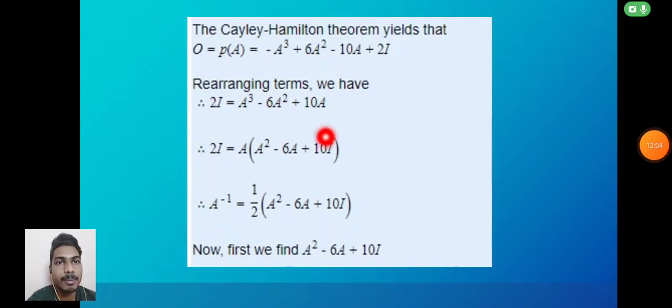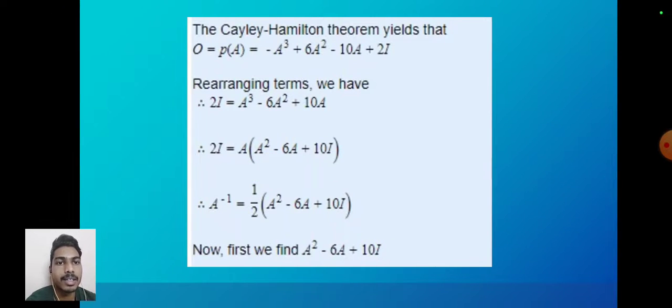So rearranging terms, we have 2I = A³ - 6A² + 10A. As we get the null matrix, we can send these terms to the right side and equate to the identity matrix. So 2I = A(A² - 6A + 10I).